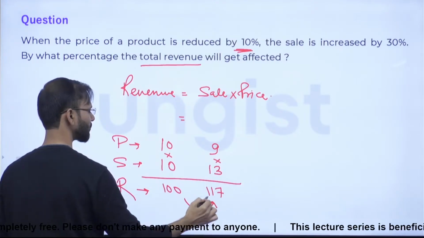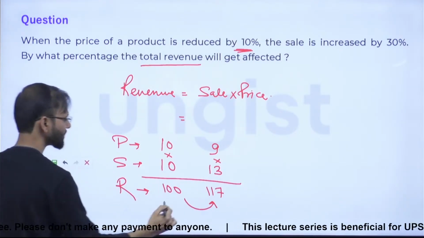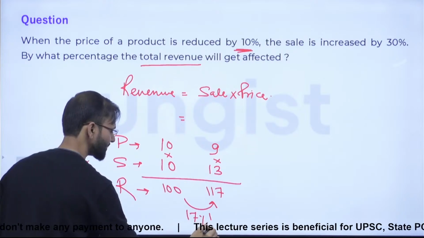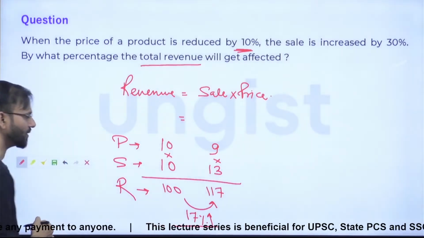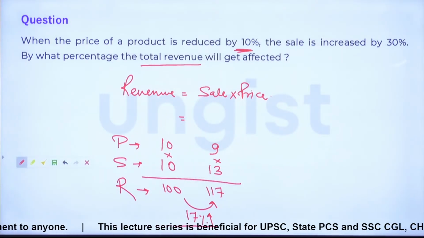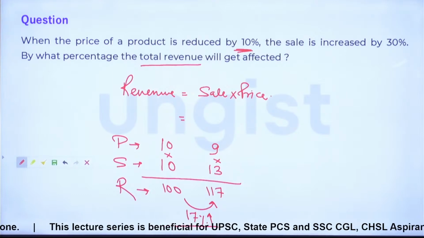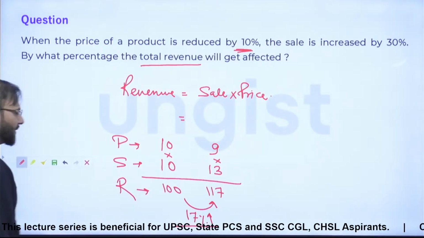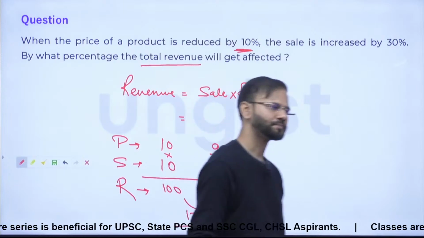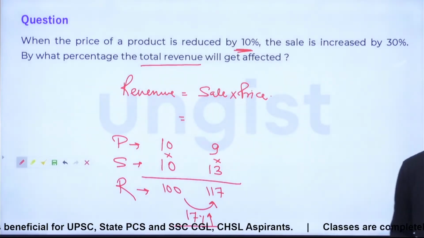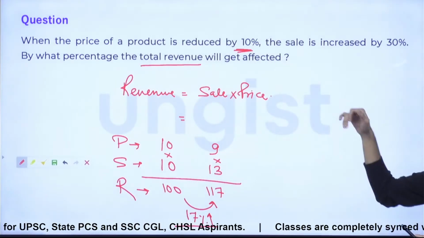So revenue will go up by 17% with this strategy, guys, right? Okay, Vishal, what was the confusion? Okay, guys, it's clear now. So revenue will go up by 17% if you reduce the price.